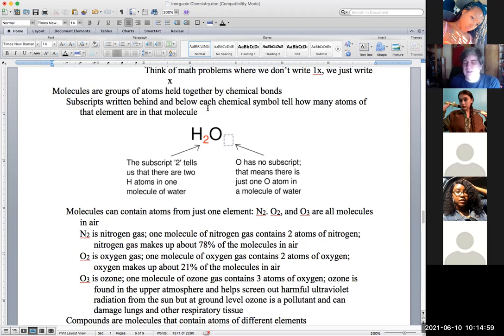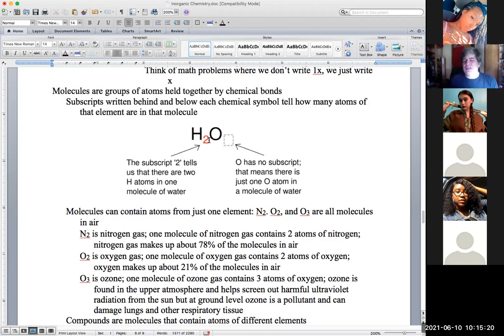Now, when we write this formula for a molecule, we write the symbol for each atom. So here's hydrogen. Notice there's a number written behind the hydrogen and it's down below the letter. This is called a subscript.